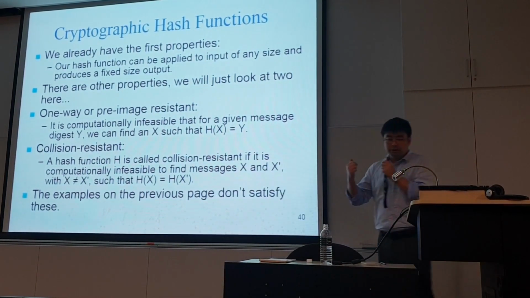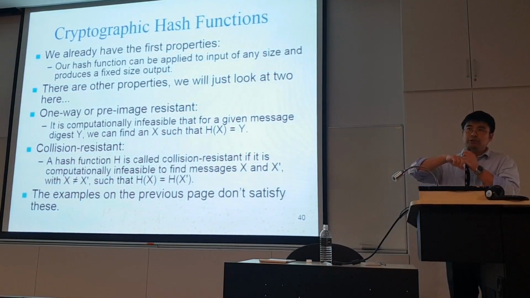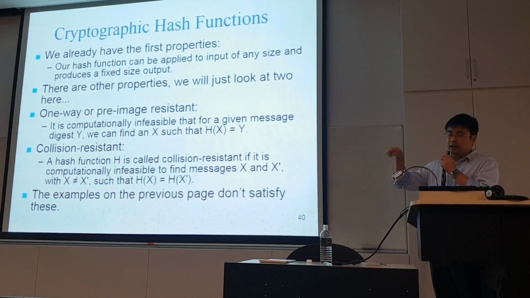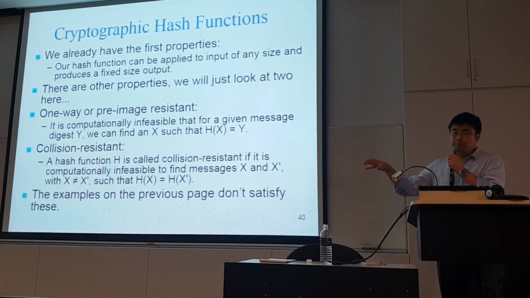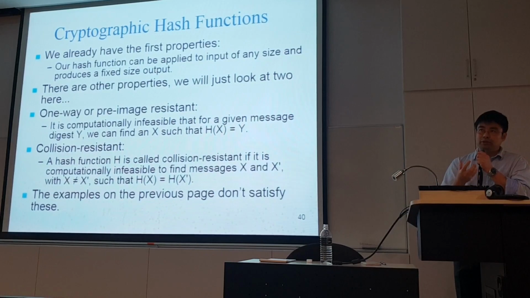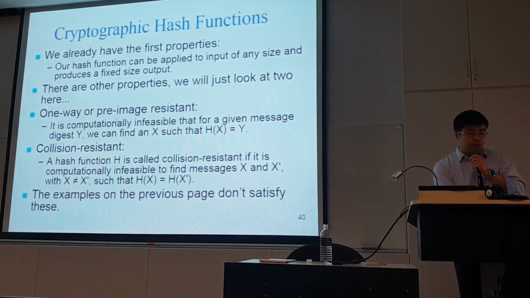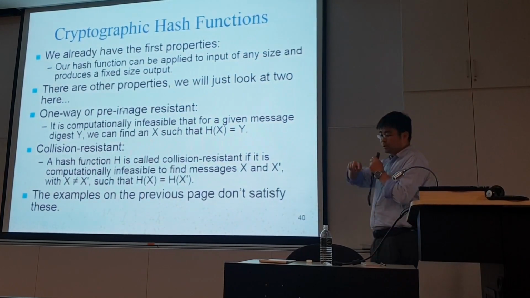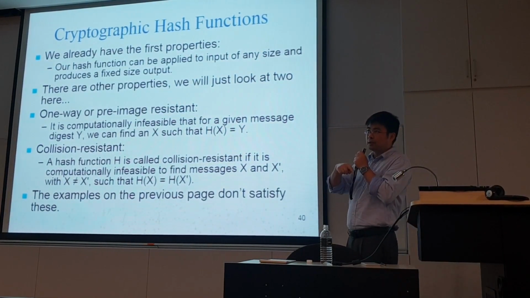One-wayness means the calculation of the hash value is one way. Given the input, you can efficiently calculate the output, but given the output, you cannot find the input or the pre-image. That means you can only do the calculation in one direction, but not the other direction.